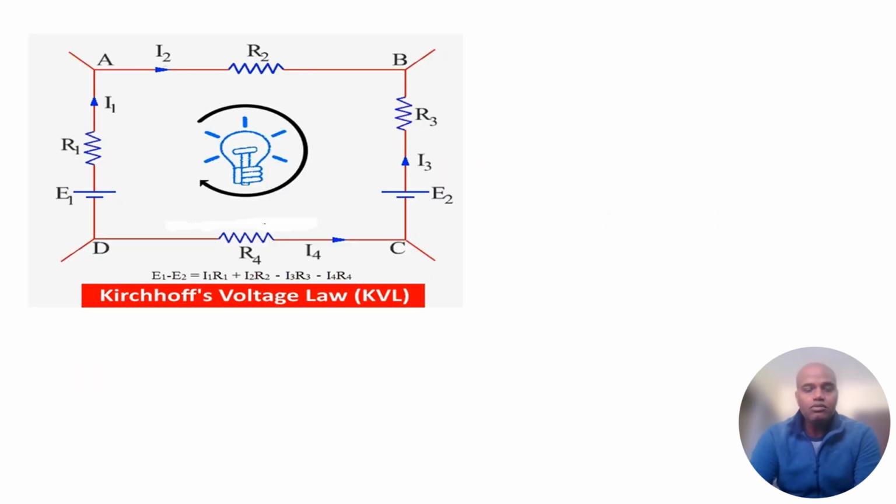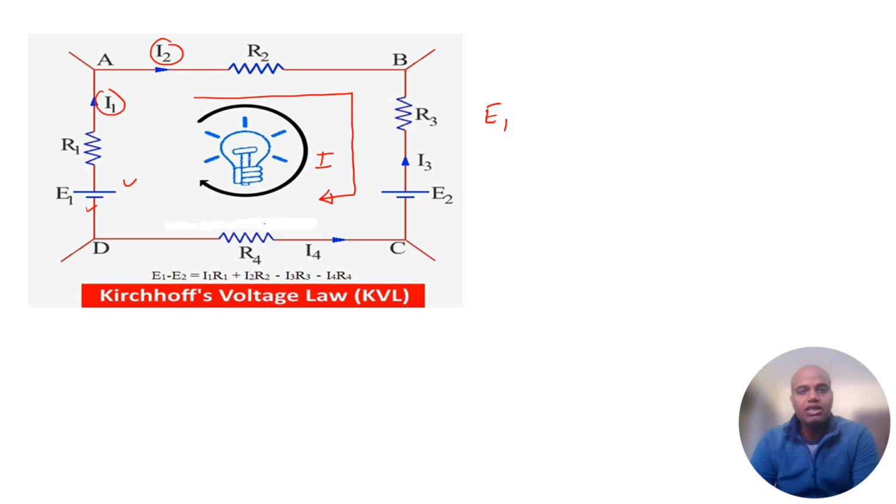Similarly, for this circuit, let's understand how to apply KVL in this loop going clockwise. Here again I'm starting from E1 and going from lower potential to higher potential, so this will become E1. Forget about these current values. Let's say for the loop current I'm taking the current as I, because here we have only one loop.